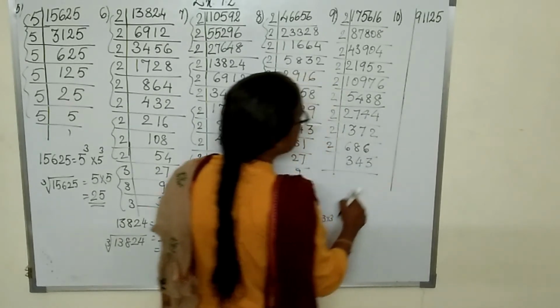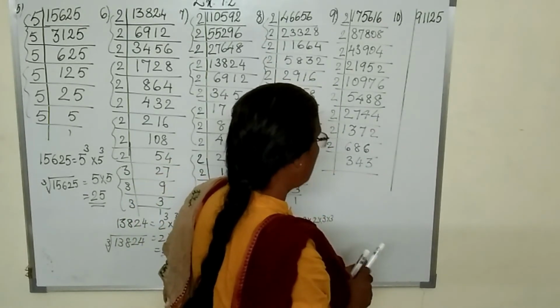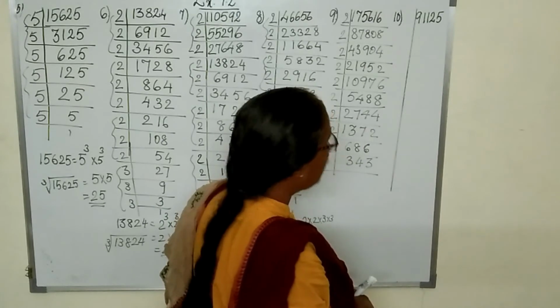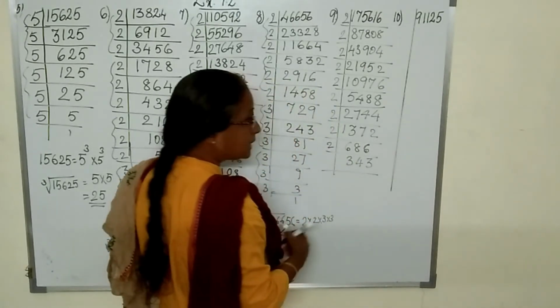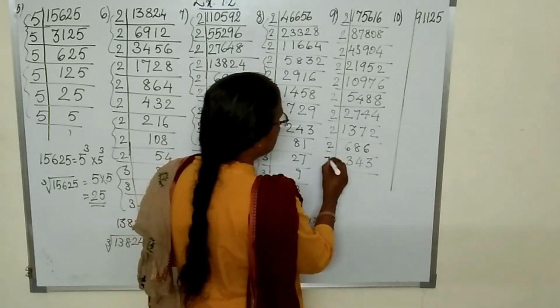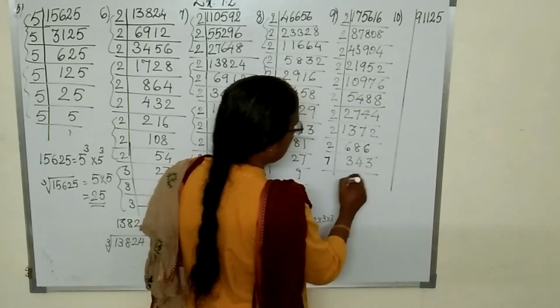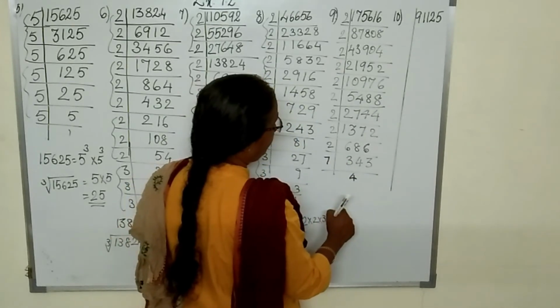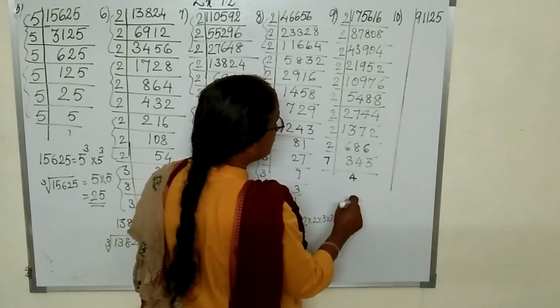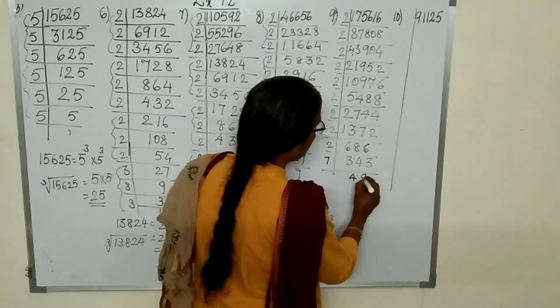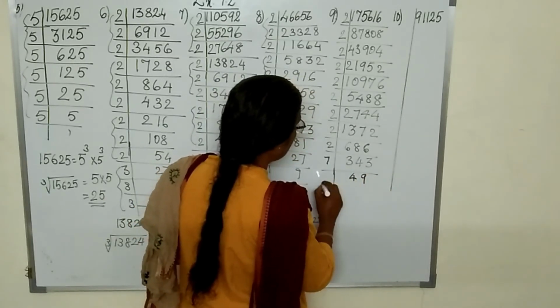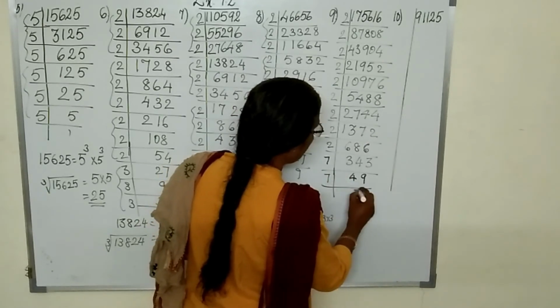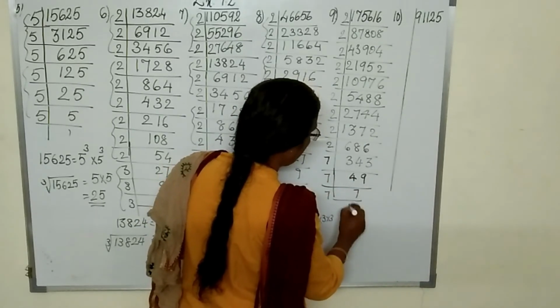Now this is not divisible by 2, not by 3, not by 5. So let us try with 7. 7 4s are 28. Then what is left? 6. 63. 9 7s are 63, 7 7 1.